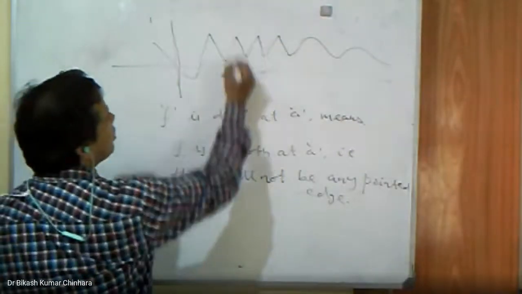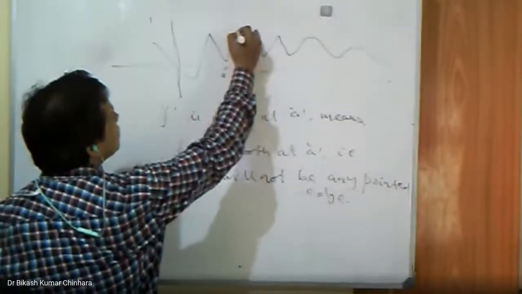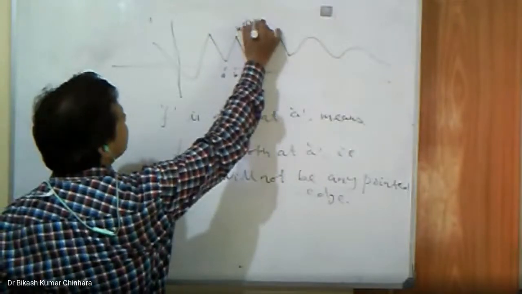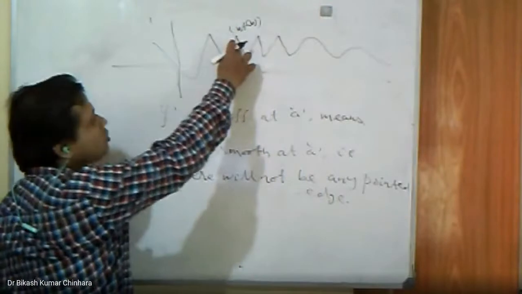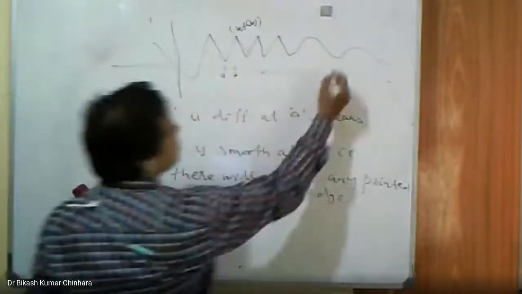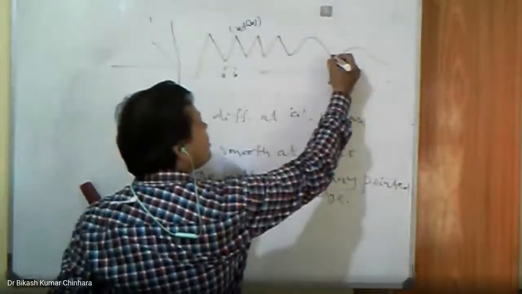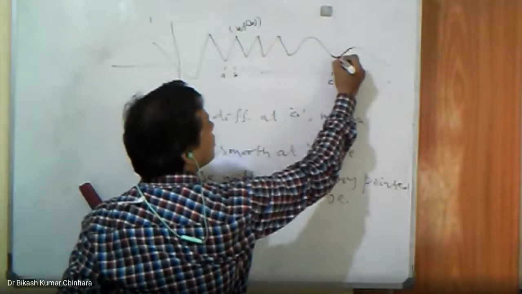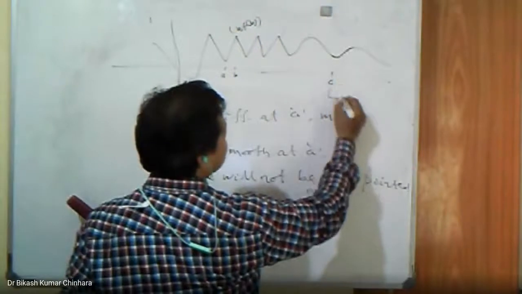So here also, suppose this is your B, so this is your f of B. So the point is B and f of B. So at B, you are not finding a smooth structure. But whenever you are considering C here, there is a smooth structure. There is no pointed thing. So I can say that a smooth structure exists.